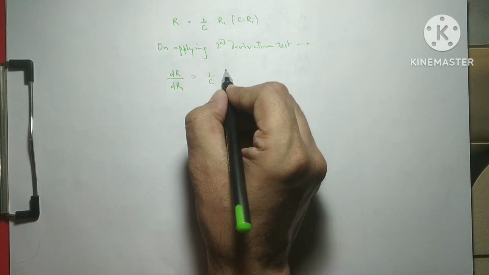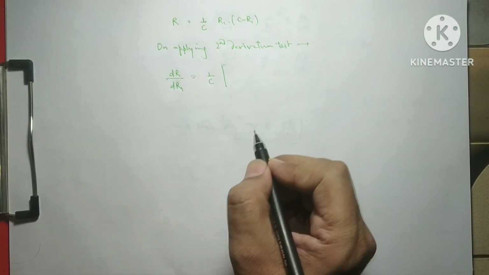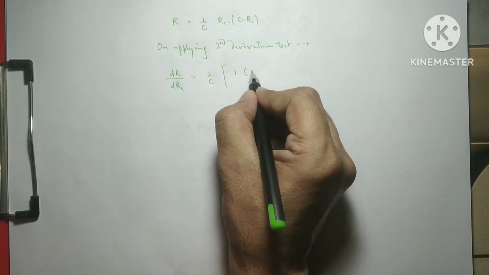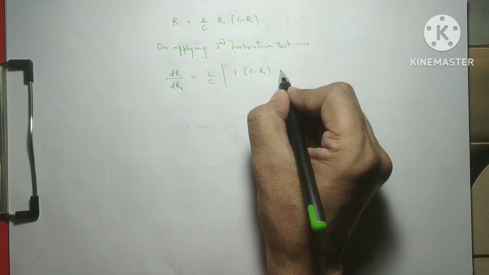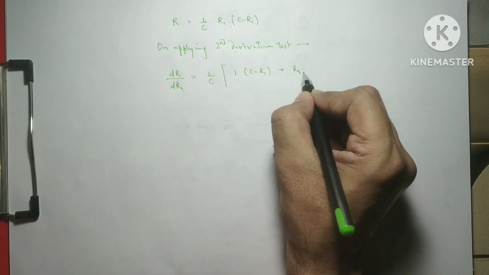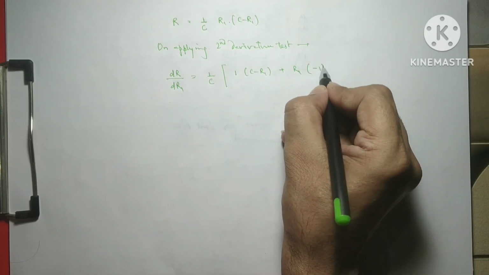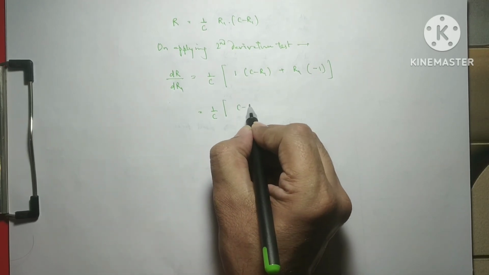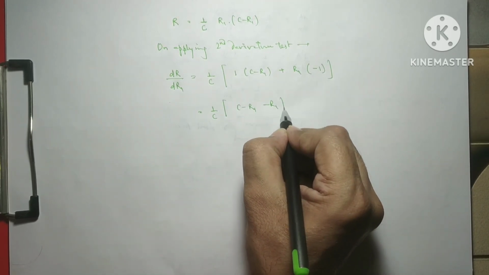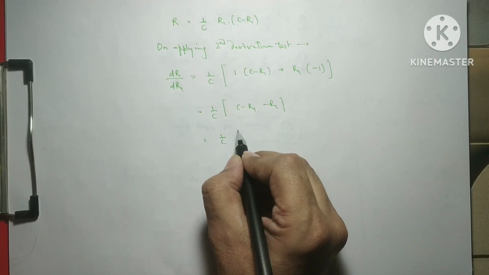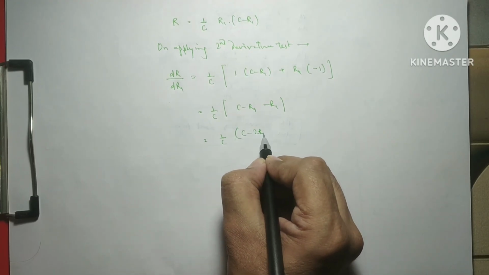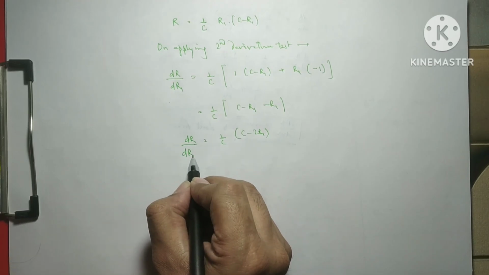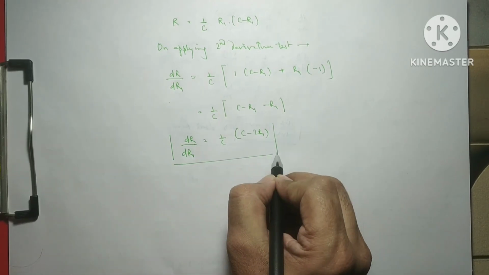So 1 over C is in common, and applying the product rule, R1 becomes 1 and C minus R1 as it is, plus R1 as it is, and there will be minus 1. So it will be 1 over C, and there is C minus R1 minus R1. So it is 1 over C times (C minus 2R1). This is the value of the first derivative of equivalent resistance.